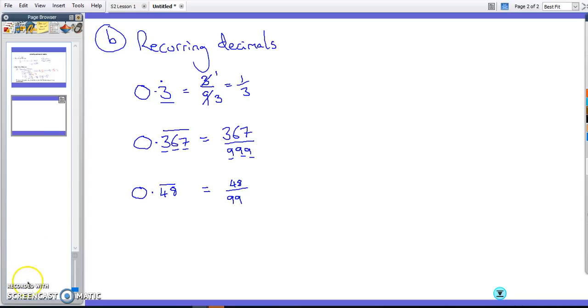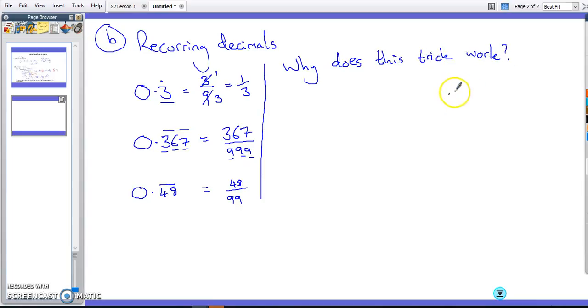And I'll show you why this trick works. Well, let's take this one here, 0.48 recurring, and I multiply that by 100.